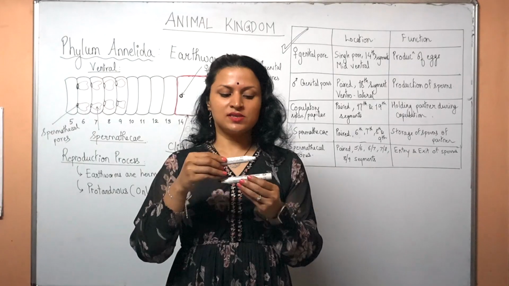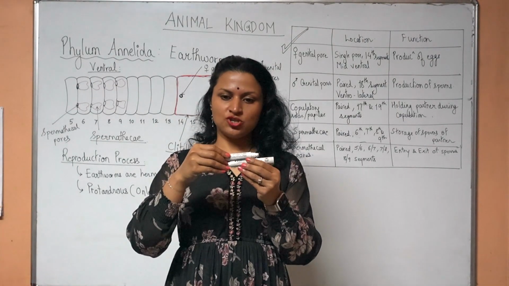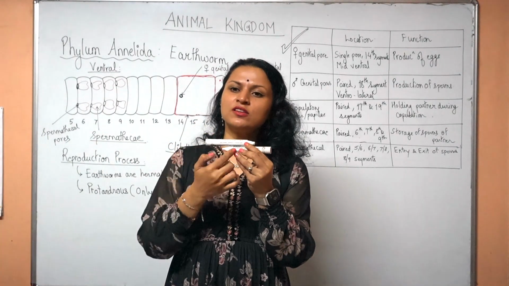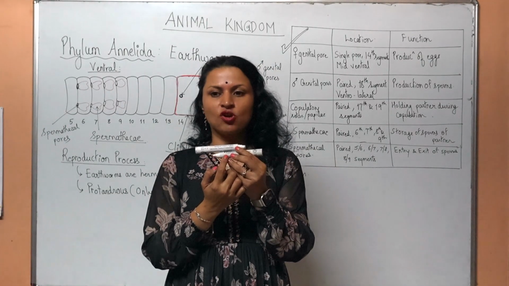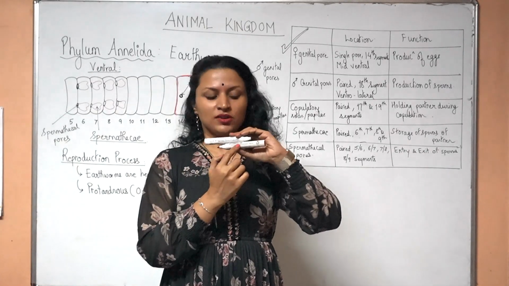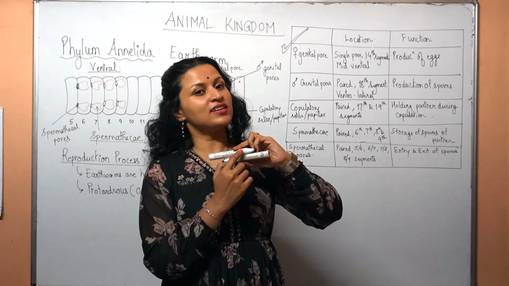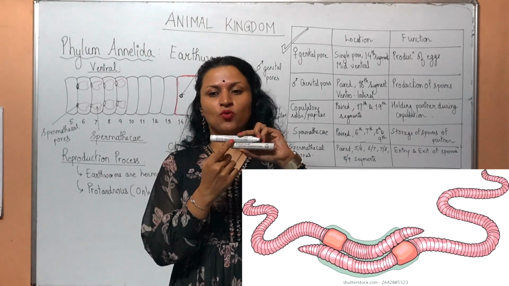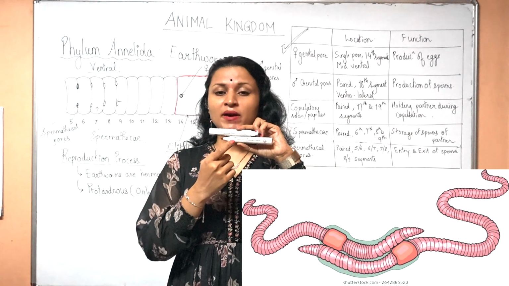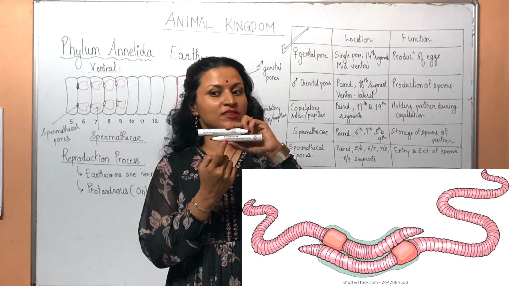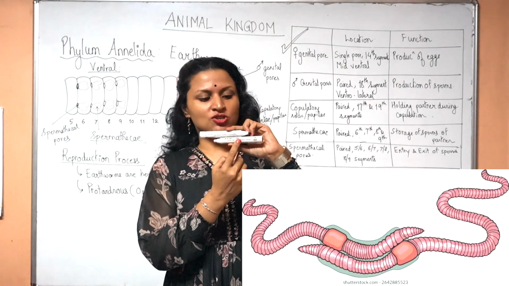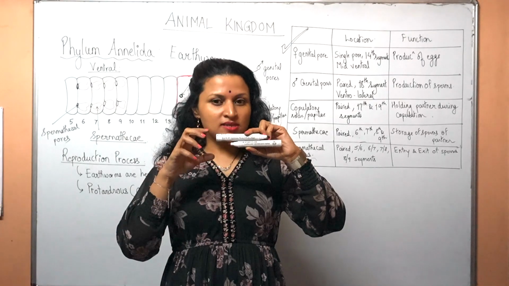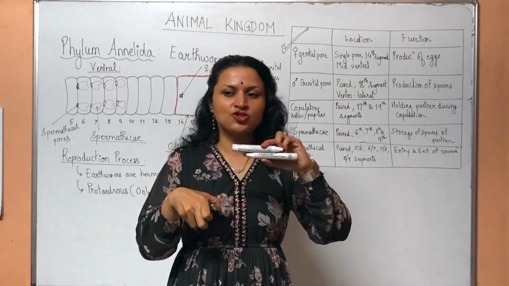They will align themselves ventral to ventral side to each other, such that the 18th segment of earthworm A will align properly over the spermathecae, that is the 6th, 7th, 8th, 9th segments of earthworm B. Similarly, the 18th segment of earthworm B will align over the 6th, 7th, 8th, 9th segments, that is the spermathecae of earthworm A. The 18th segment, which carries the male genital pore, will align with the spermathecae of the other, and in this process the copulatory papillae will help them in holding the position. The copulation will take place.